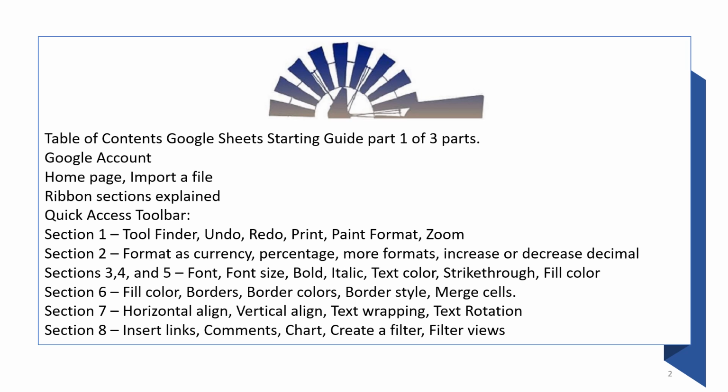Table of Contents, Google Sheets Starting Guide, Part 1 of 3 parts. Google Account, Home Page, Import a File, Ribbon Sections Explained, Quick Access Toolbar, Section 1, Tool Finder, Undo, Redo, Print, Paint Format, Zoom.